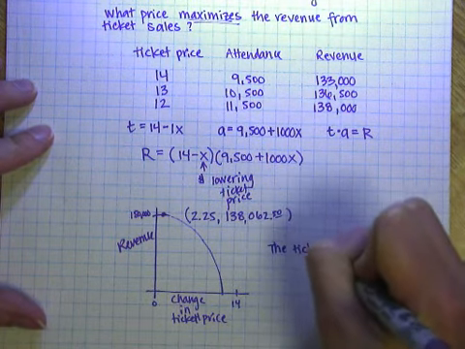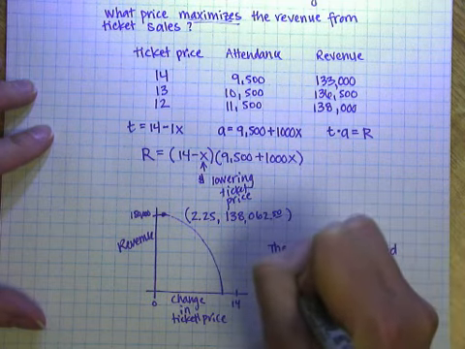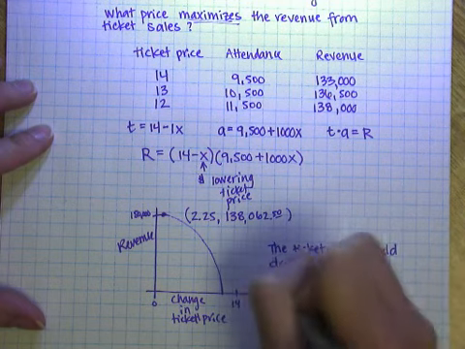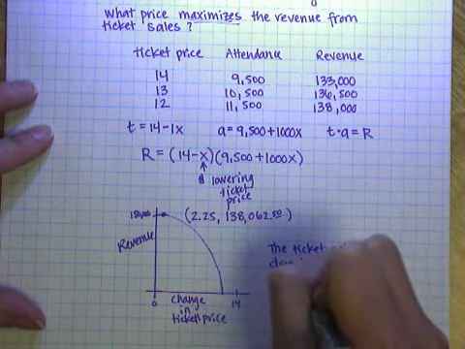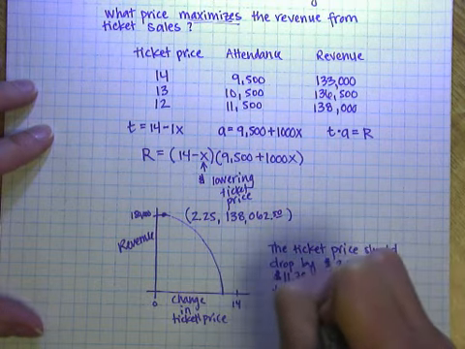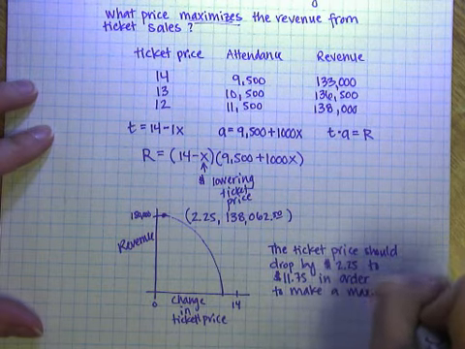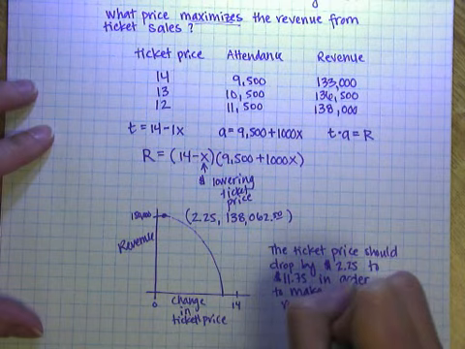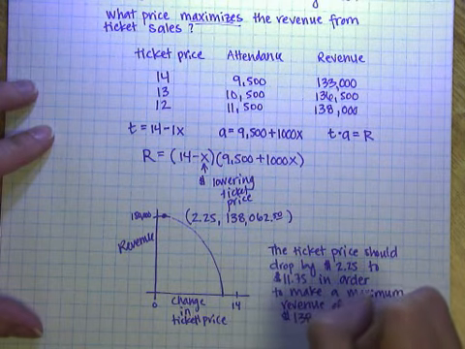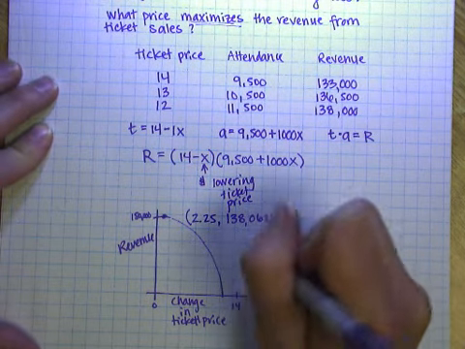The ticket price should drop by $2.25 to $11.75 in order to make a maximum revenue of $138,062.50.